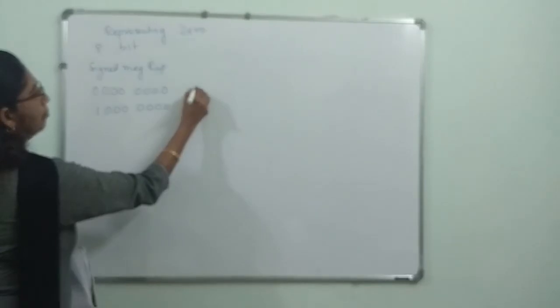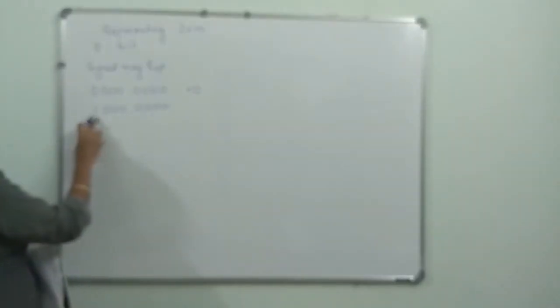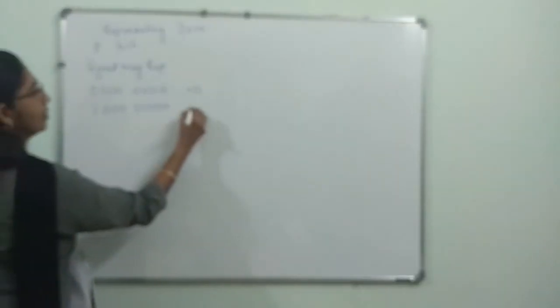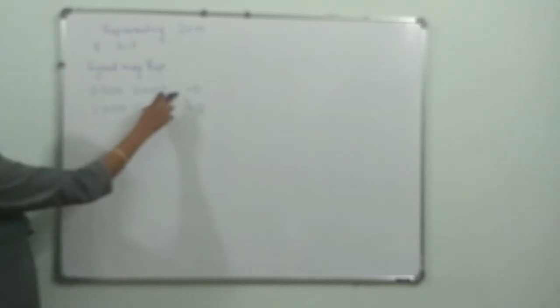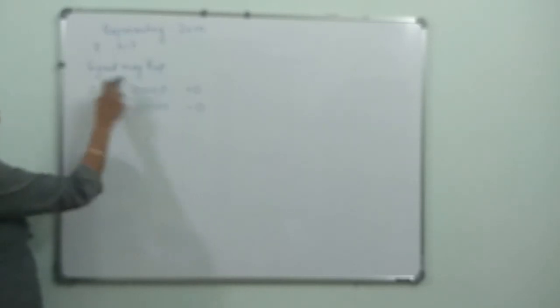So this is plus 0. 1 means negative, all the others are 0, minus 0. So there are two ways you can represent. There is plus 0 and minus 0 here in the case of sign magnitude representation.